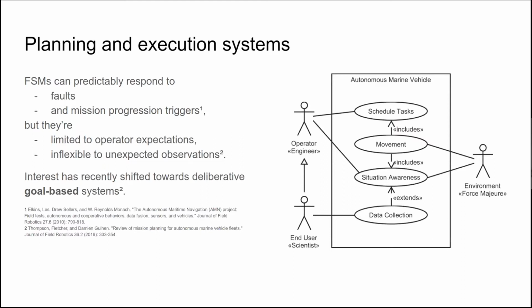What's conventionally done is people use a finite state machine, which works, but they're limited to operator expectations, and they can be a bit inflexible. Recently, interest has shifted towards goal-based systems, where instead of reacting to a state, you're executing some action based on a desired goal.